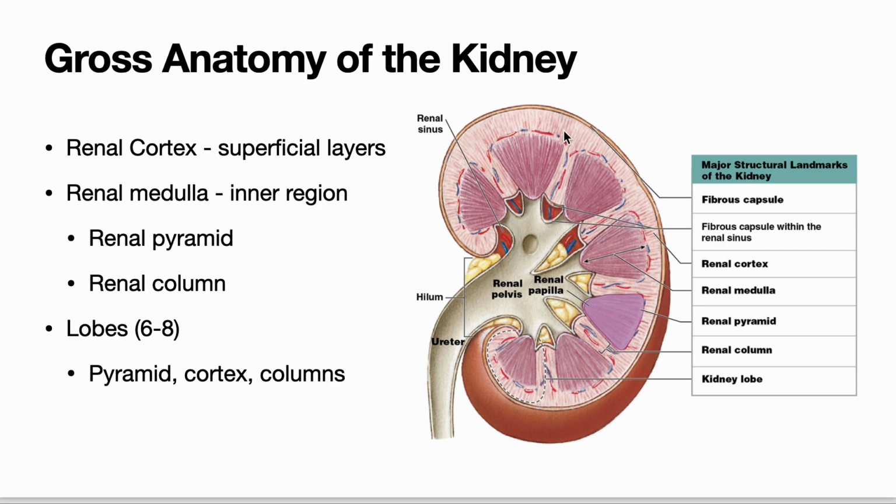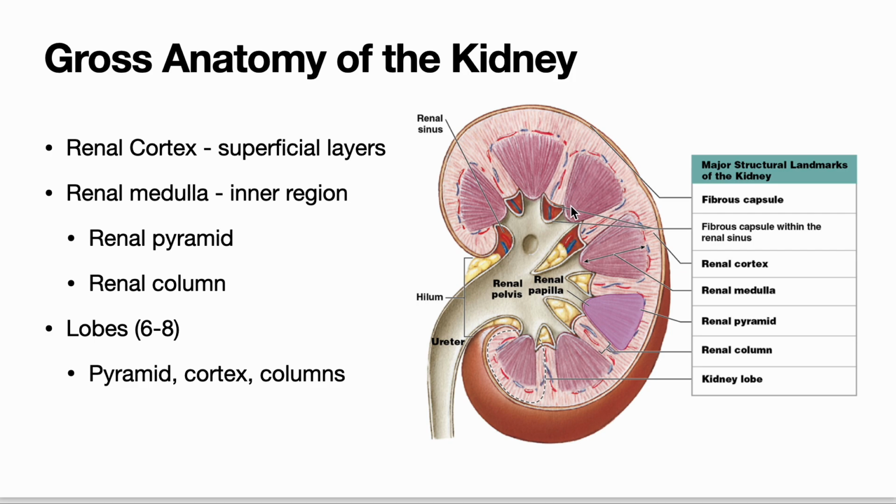And again, the cortex is just the area of the kidney outside of the renal medulla. Half of a column, a pyramid, and half of the next column, plus the cortex above, is considered a lobe of the kidney, of which there are typically 6 to 8. So those are the major parts of the kidney.